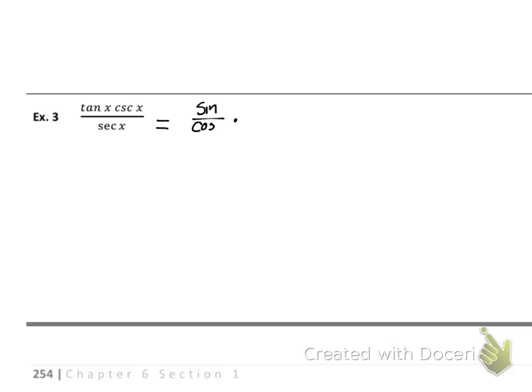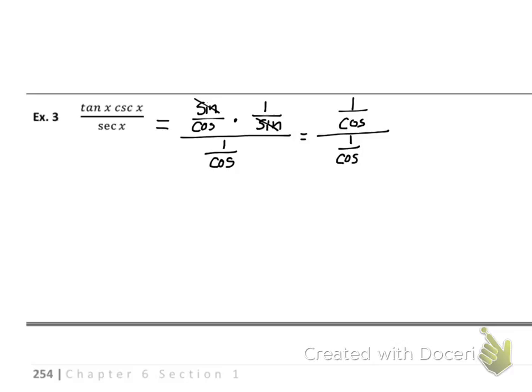All right, we're going to multiply that by cosecant. Well, cosecant deals with sine, so that must be 1 over sine. And secant is 1 over cosine. Well, let's simplify that top first. So our sine over sine is going to cancel out, and we're going to have 1 over cosine all over 1 over cosine.